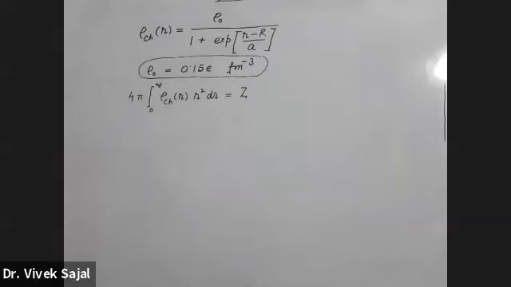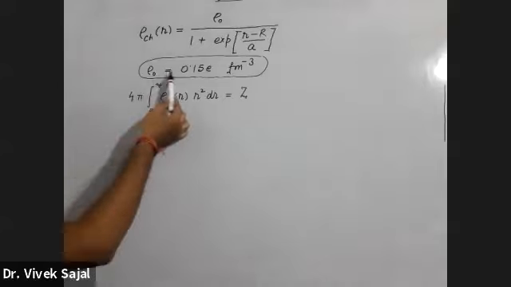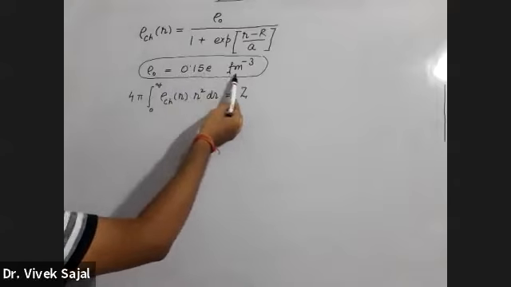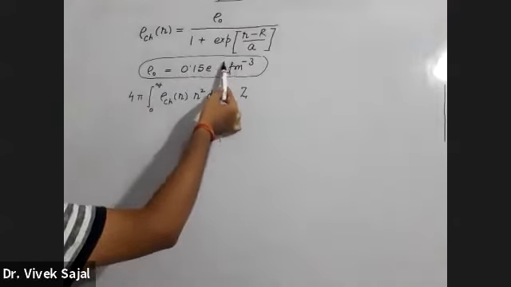So this is actually per volume. It would be per meter cube, but because the unit for the radius of the nuclei is in Fermi, this is per Fermi cube.